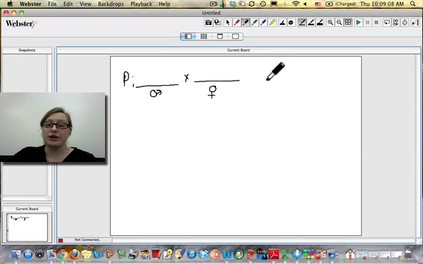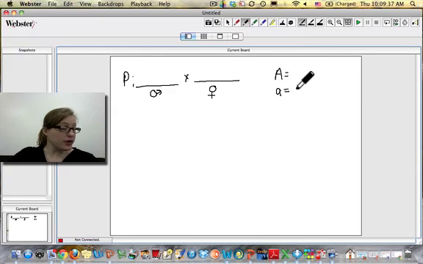I'm just going to choose the letter A. When you choose your allele letters, you always want to choose letters that look very distinctive, capital and lowercase. So for example, if you would use an X and an X, that would be hard to discern the difference between a capital X and a lowercase x. So I would stick to letters that show a great difference between their capital and lowercase form.